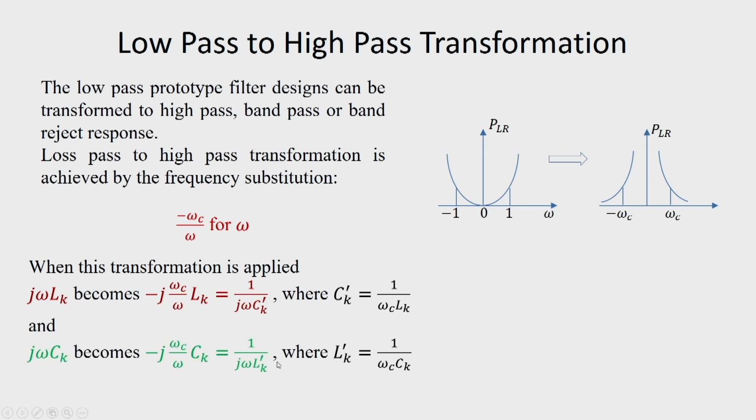And similarly, j omega c k is transformed to 1 by j omega L k dash, and therefore, this L k dash becomes 1 by omega c c k.